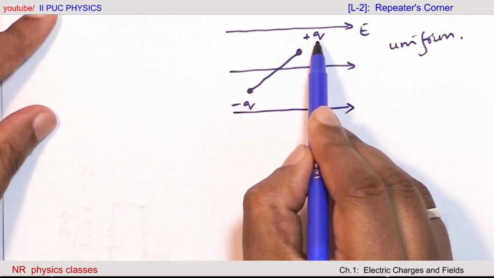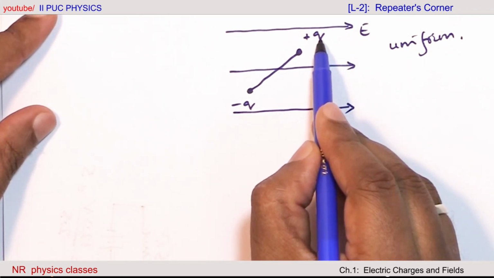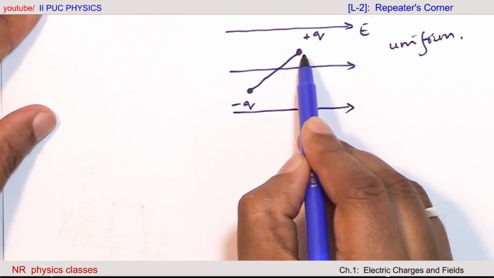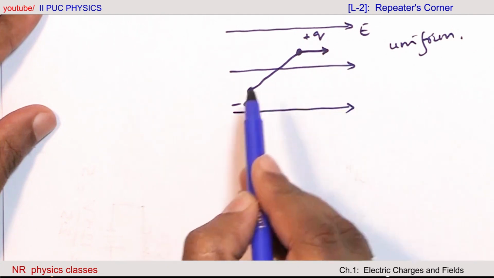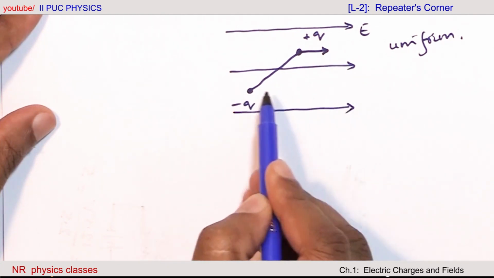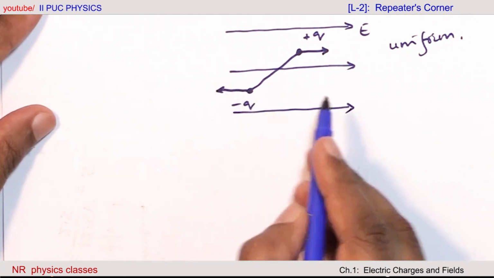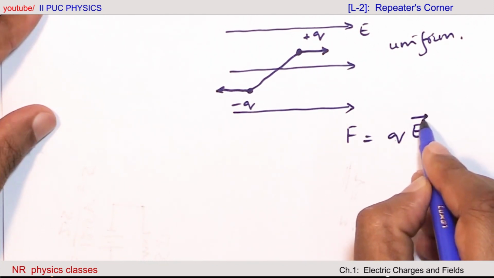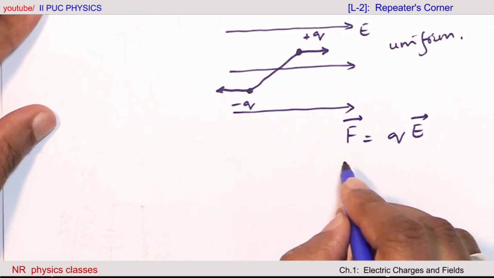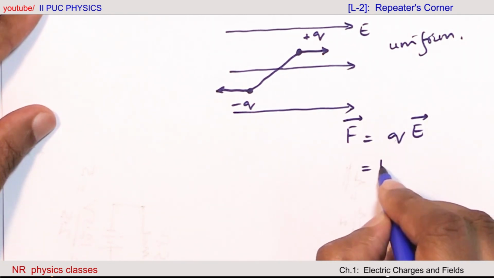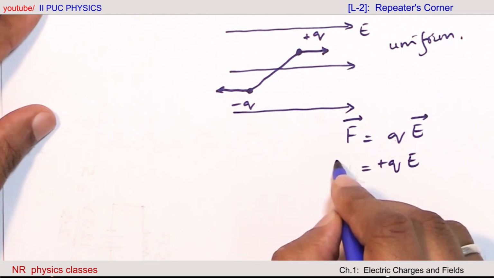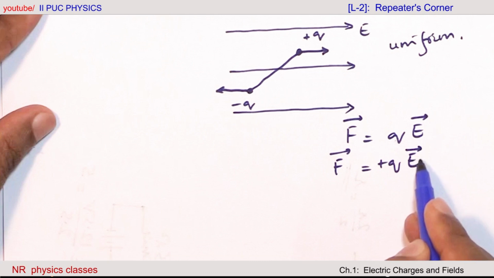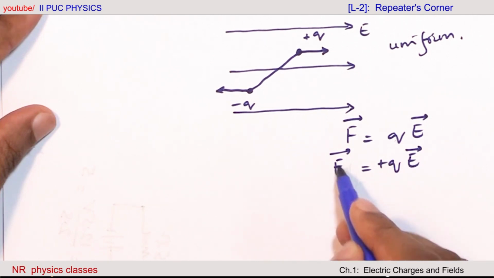We know that plus Q experiences force in the direction of the electric field like this, and minus Q opposite to the direction of electric field, because force is given by Q into E. Force on positive charge means plus Q into E is F. So in this case, direction of electric field is the direction of force.